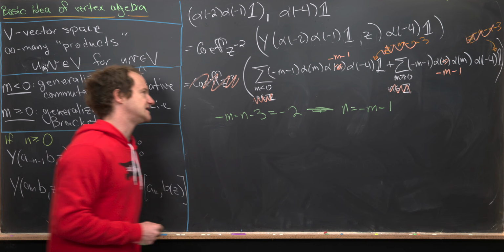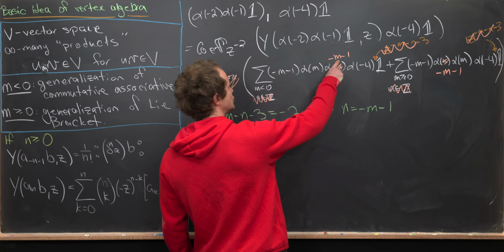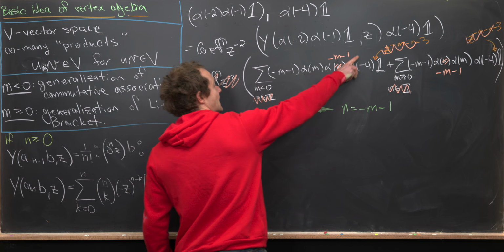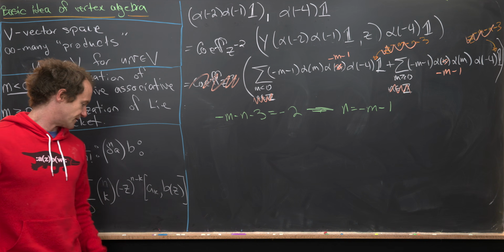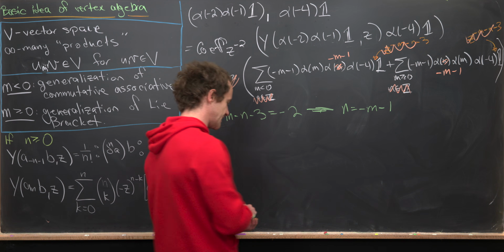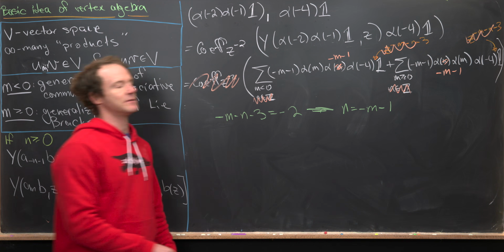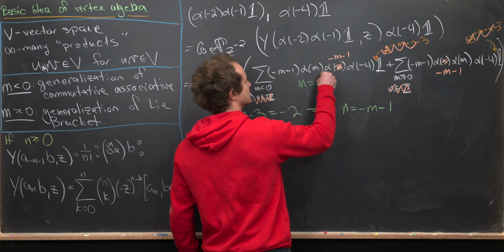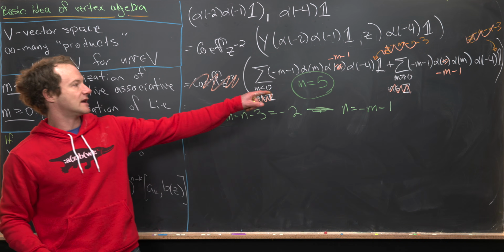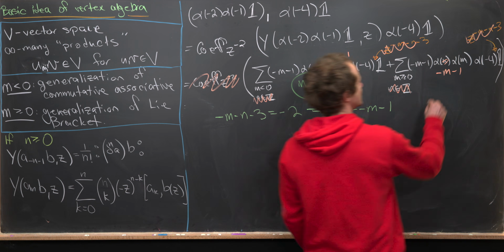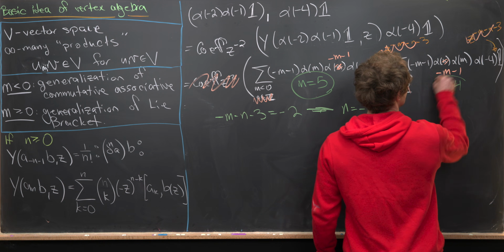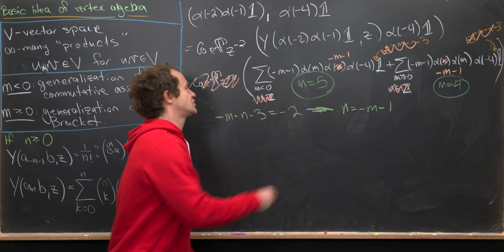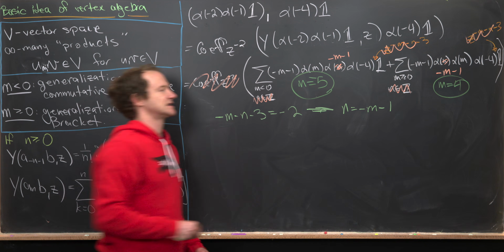All of those will give us 0, except when m is equal to negative 5, that'll make minus m minus 1 equal to 4. So just as we had seen before, we only get to keep a couple values of m. In this case, we just get to keep m equals minus 5. And then similarly over here, we just get to keep m is equal to 4. Oh, and I should say this should be m equals minus 5.